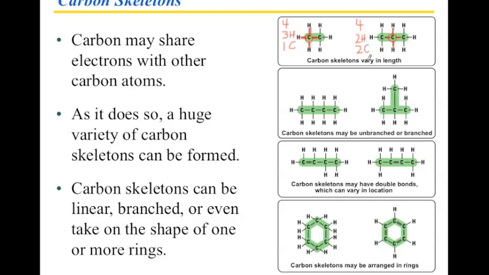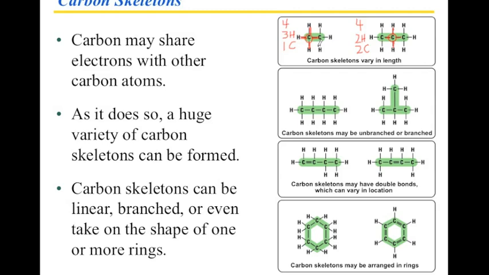Now clearly, this is different than that. The end result for the carbon is the same. It ends up with 4 covalent bonds, 4 electrons that it shares, and so like I said, it's not fussy. It doesn't matter where those electrons come from as long as we get them. So different configurations are possible.